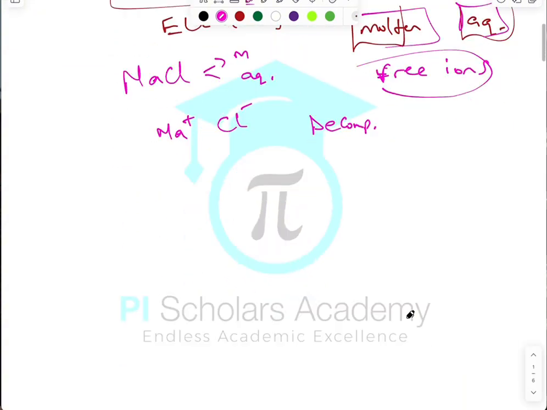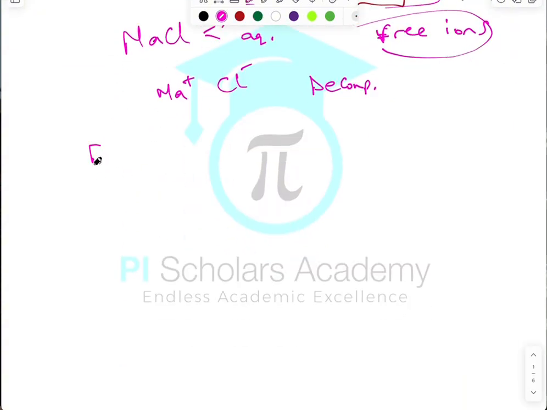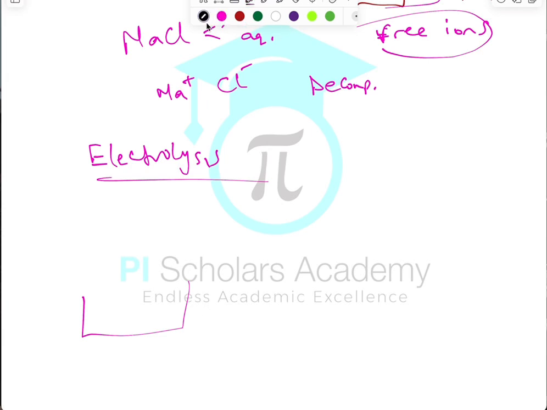What is electrolysis? Electrolysis is simply the breaking down of electrolyte through the passage of electricity. So if you have a container and in this container you have electrolyte, this electrolyte should be in molten state or in aqueous state.